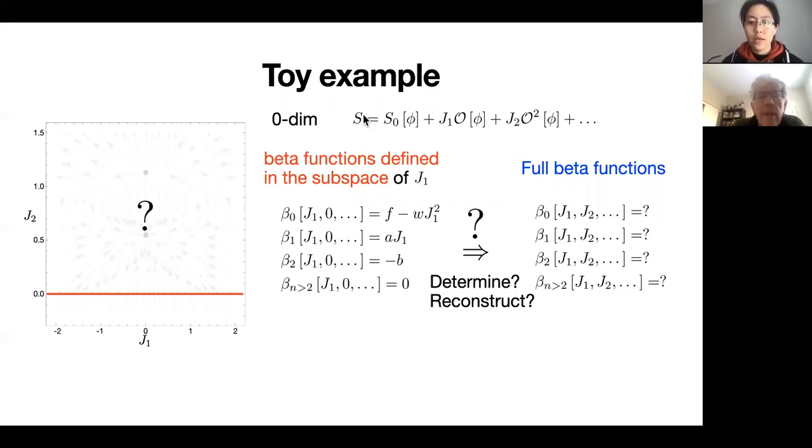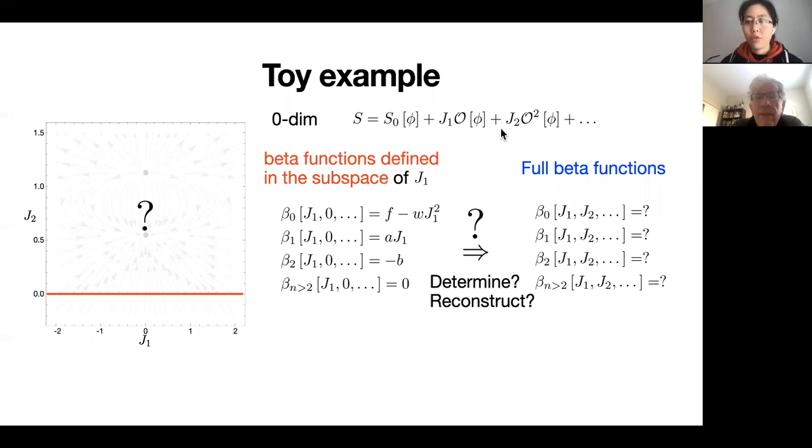So the theory has action S, and it has fundamental field phi, like the phi-4 theory, we have phi as a fundamental field. And if we start from a reference theory S0, it can be deformed by, for example, operator O and its composite operators.